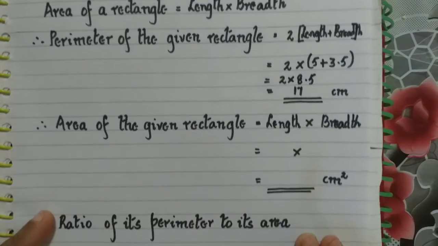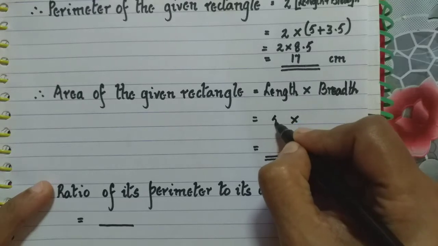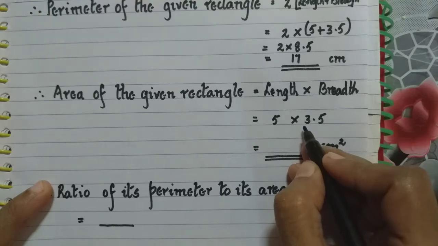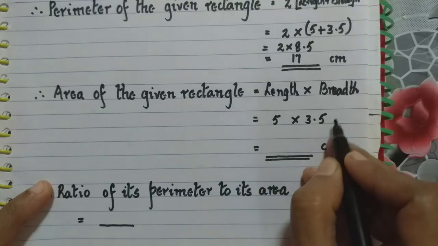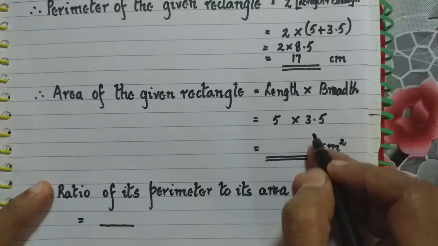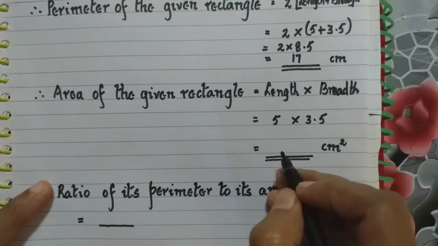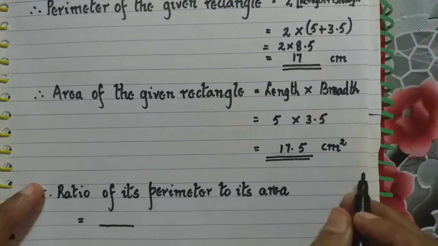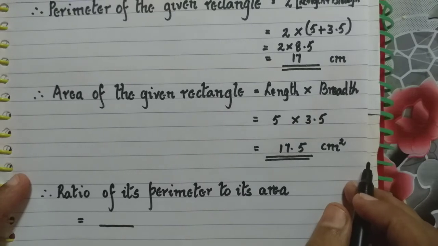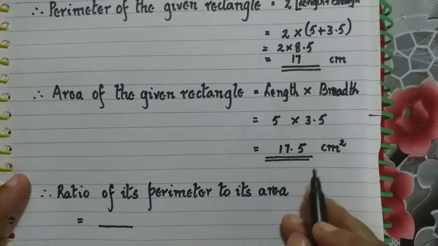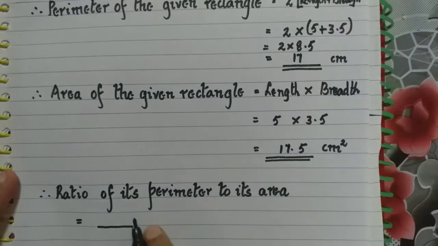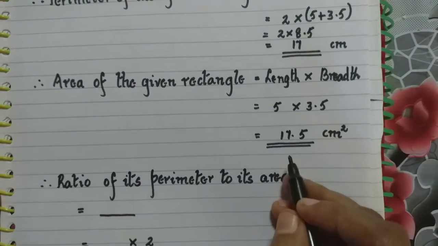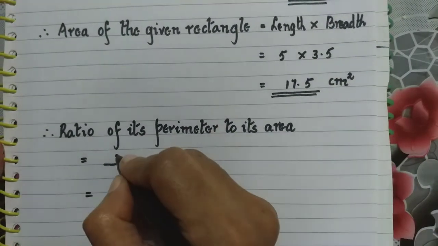So when I multiply here, I will multiply 5 into 3.5. 5 into 3 is 15. 5 into 0.5, that will be 2.5. So 15 plus 2.5 is 17.5. So we have 17.5 centimeters square. Now the perimeter is 17, the area is 17.5. The ratio of the perimeter to the area will be 17 upon 17.5.